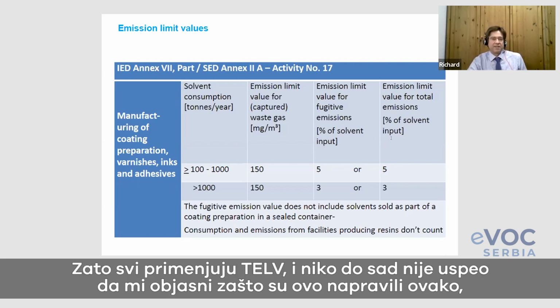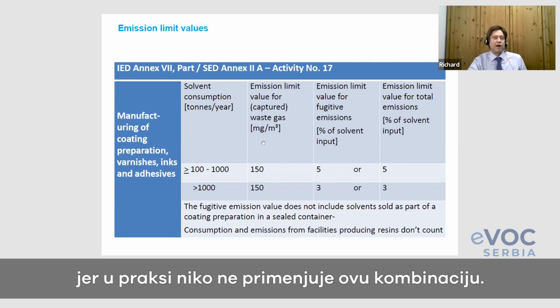It's the same here for the total limit. So everybody is applying that total limit value. And until now, nobody could explain to me what's the background to make it like this, because in practice, nobody is applying that combination.